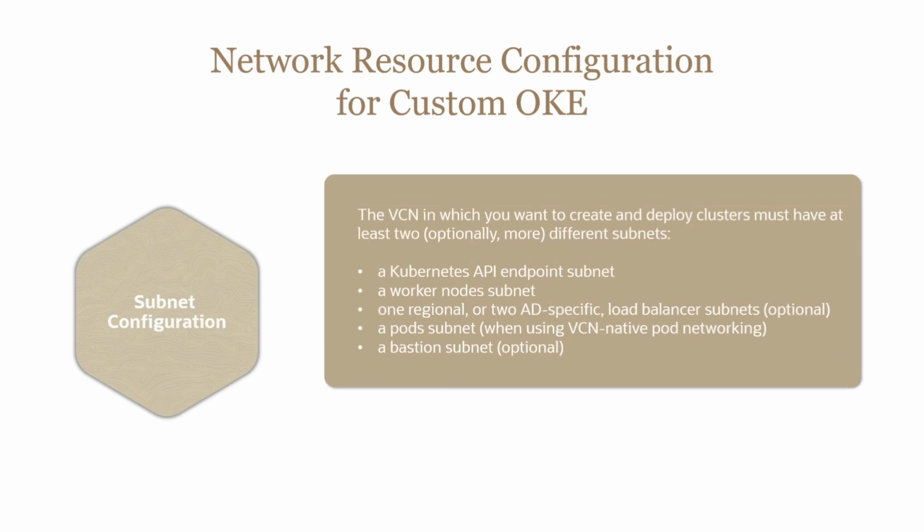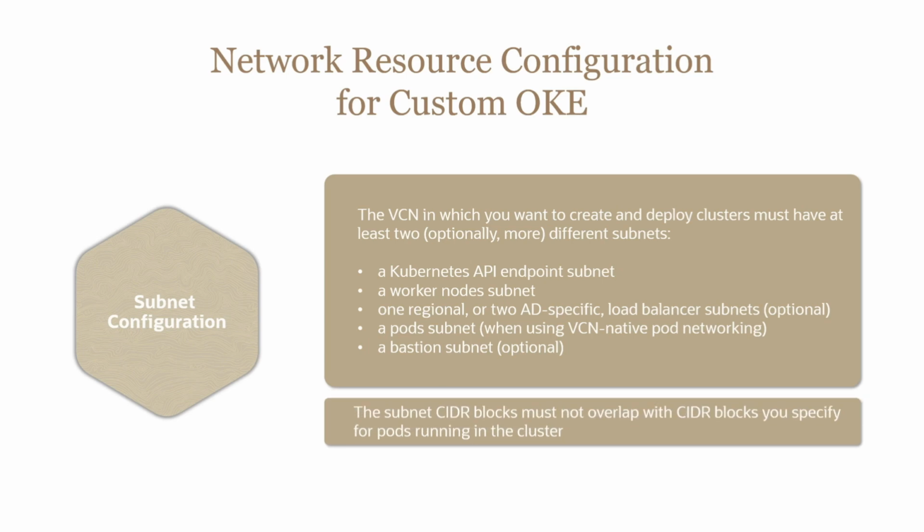In the VCN where you intend to create and deploy your clusters, it's essential to have at least two different subnets, including a subnet for Kubernetes API endpoint, a subnet for worker nodes, optionally one or two load balancer subnets, which could be regional or availability domain specific, a subnet for pods, and optionally a bastion subnet.